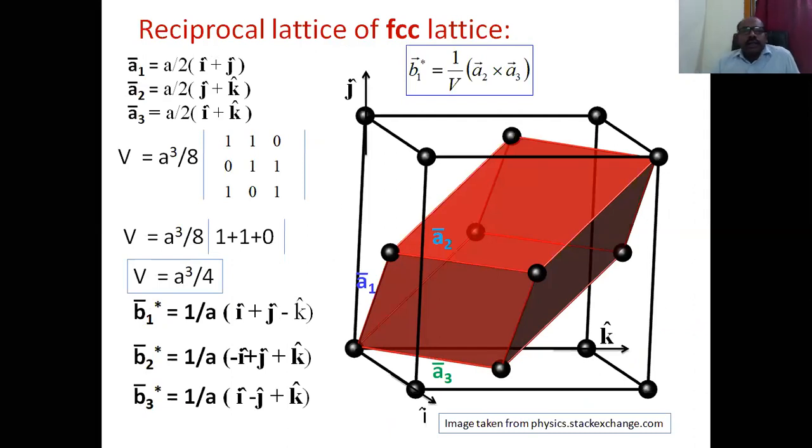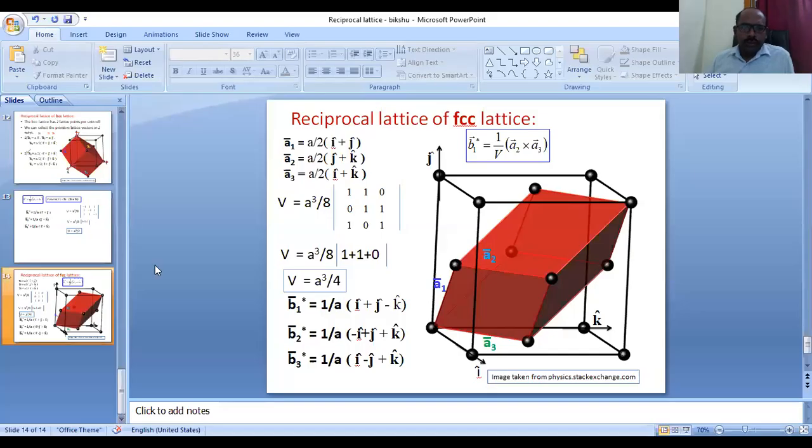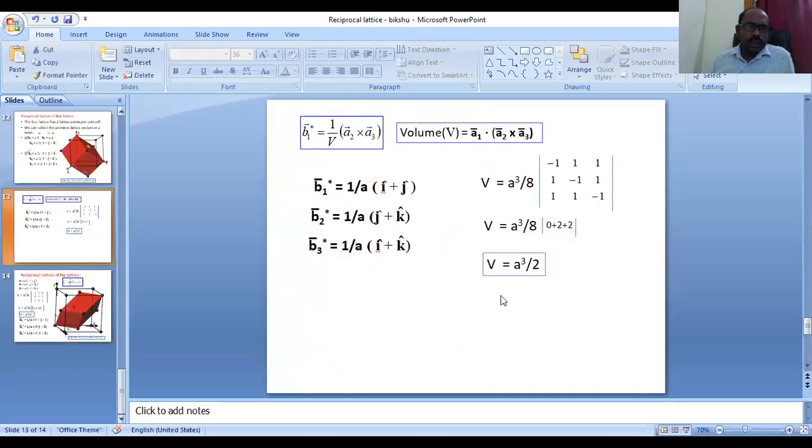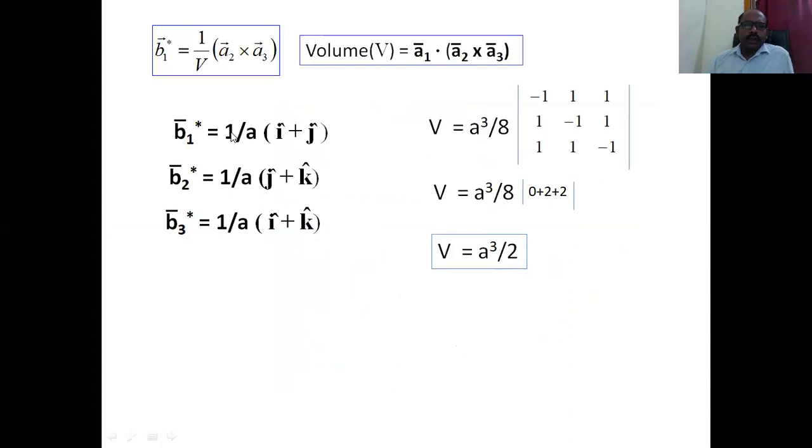Therefore, the reciprocal lattice of FCC is BCC. These are the base vectors of FCC we have seen in the before slide. In the before slide, what we have seen, this one is the reciprocal lattice of BCC.